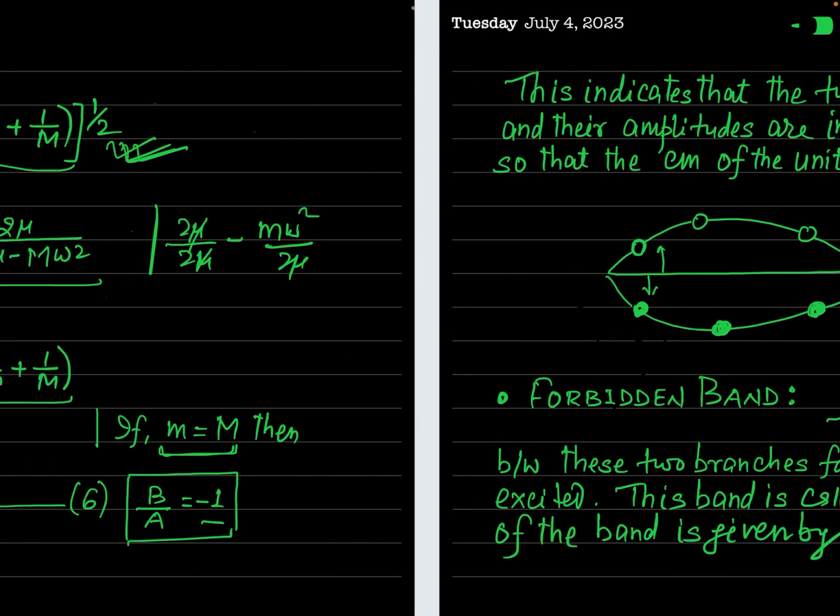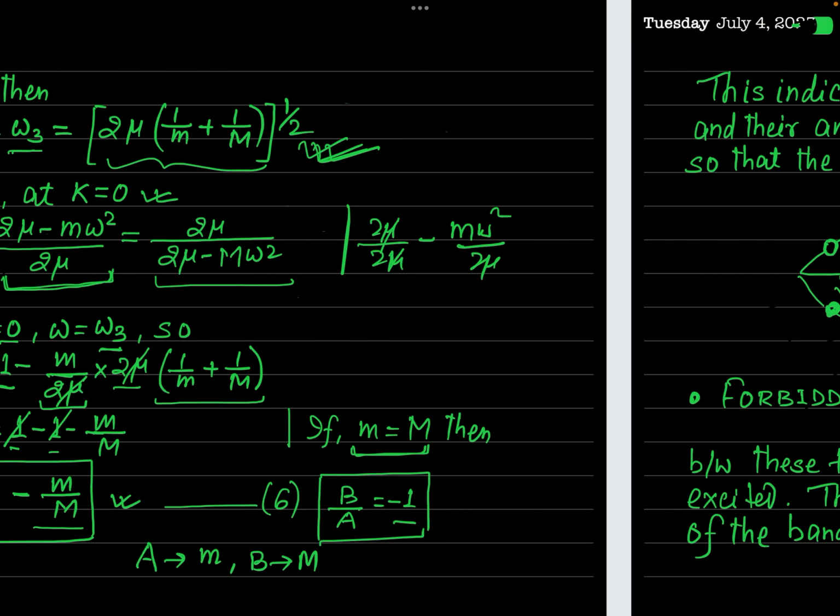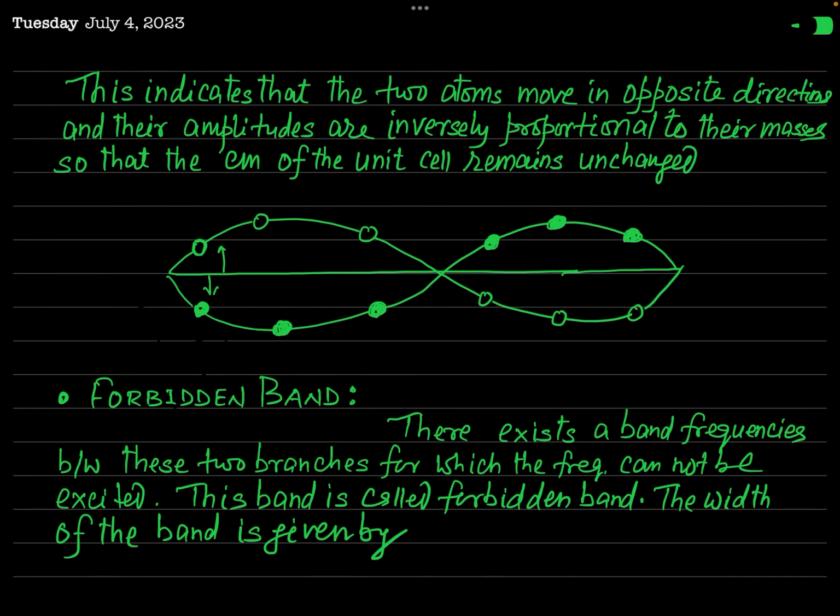And since B over A is equal to minus m over capital M, and you know A is the amplitude of vibration of small m, and B is the amplitude of vibration of capital M. So here you can see the amplitude of vibration is inversely proportional to their masses.